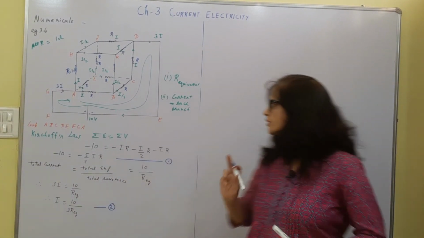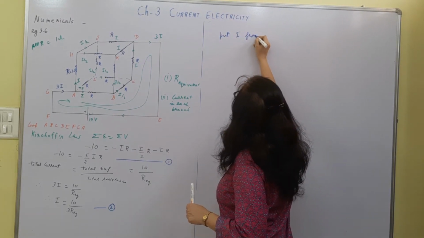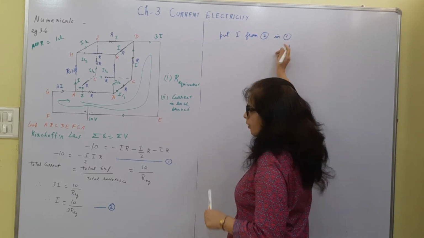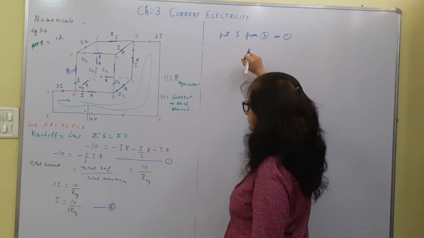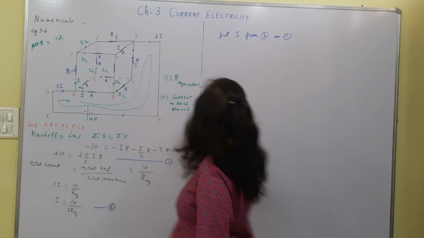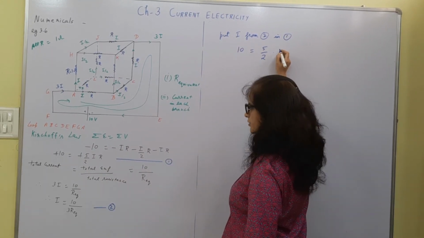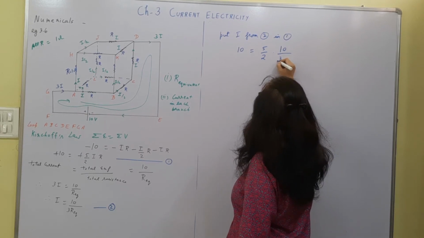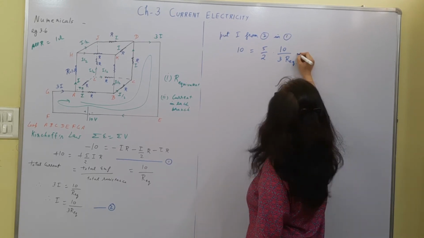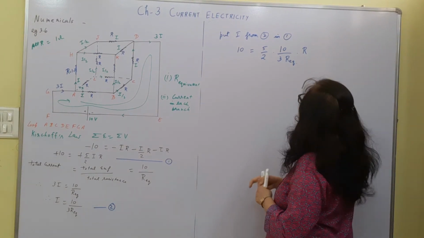So from 2 in 1, this will be cancelled. So I can write 10 is equal to 5 upon 2 into 10 upon 3 R equivalent into R. We will put the value of R is equal to 1 ohm in the last step.